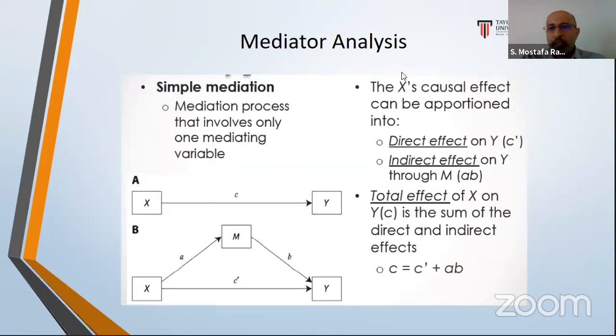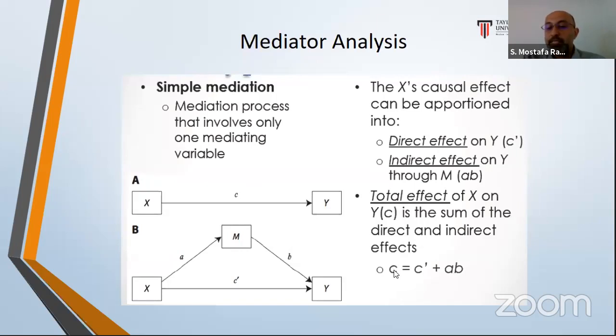This is actually a mathematical or statistical presentation of mediator. When we have the effect of X on Y, this C can be called the total effect. And when we put a mediator here, this C is divided into two parts. Part of the effect is transferred through M. So this effect is the AB effect. And part of the effect is C prime. And these two effects together are the total effect.